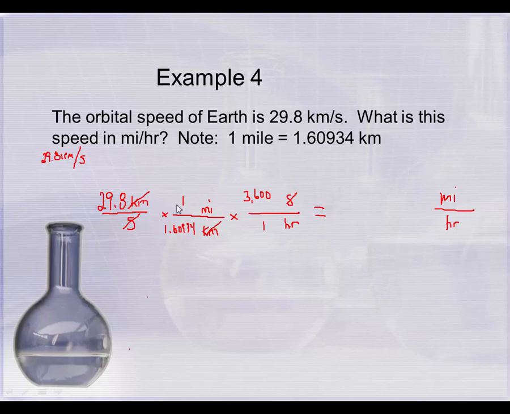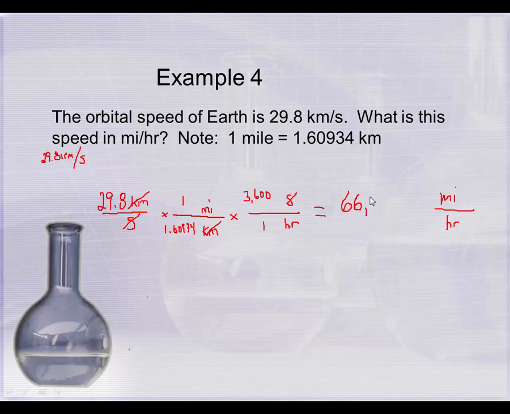29.8 times 1 divided by 1.60934 times 3,600 divided by 1. All right, Jason, what do we get? 66,000.